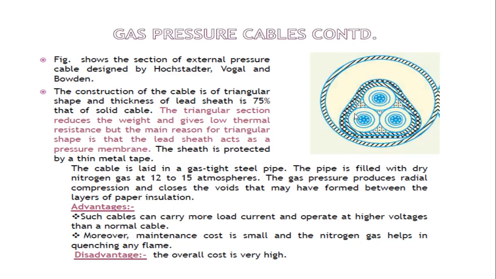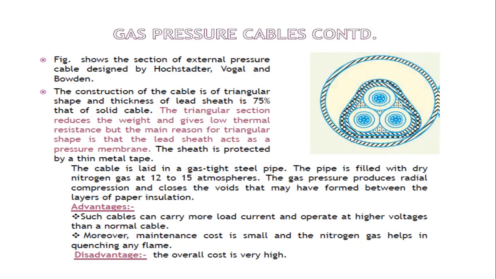This consists of a triangular section. The triangular pipe is closed with the conductors: conductor 1, conductor 2, conductor 3. This three core cable is enclosed by the triangular shaped gas tube.